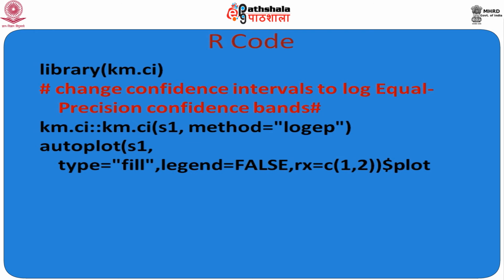One is the log confidence interval, which is based on the log of the hazard. The other competitive concept was introduced by Rothman, and it uses the assumption that the survival estimator follows a binomial distribution.